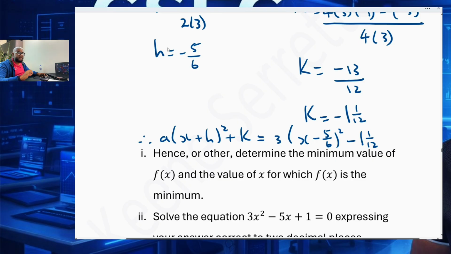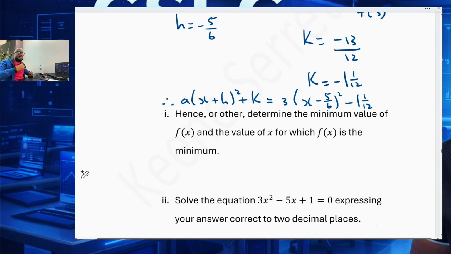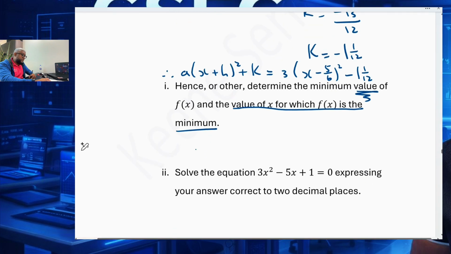The next part of the question is saying hence or otherwise determine the minimum value of f(x), the minimum value of the quadratic, and the value of x for which f(x) is a minimum. So this question is basically asking us for the minimum value.